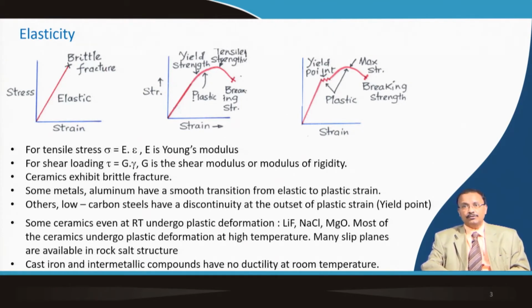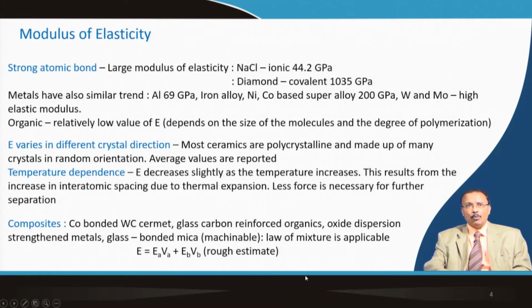In the rock salt type of structure, we have many slip planes, and the concentration of slip planes is high. So, dislocations can move along the slip planes, and that exhibits this kind of plastic behavior. On the other hand, cast irons and other intermetallic compounds do not exhibit any ductility at room temperature. So, depending on the type of material, the characteristics are different.